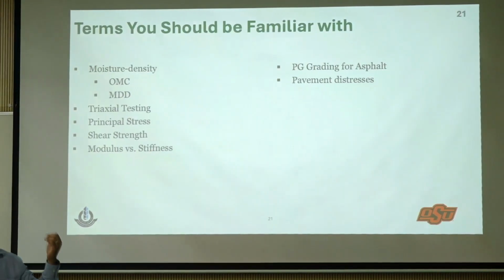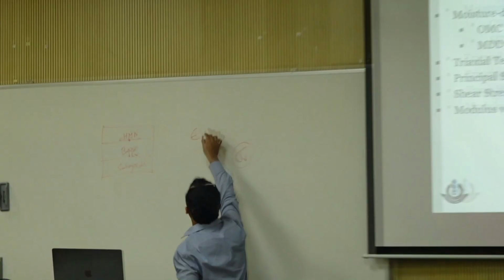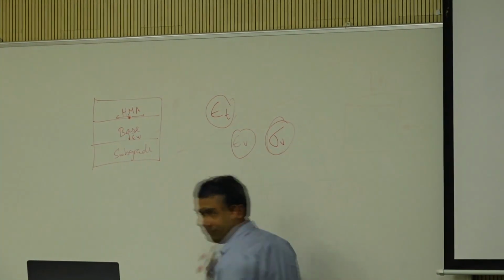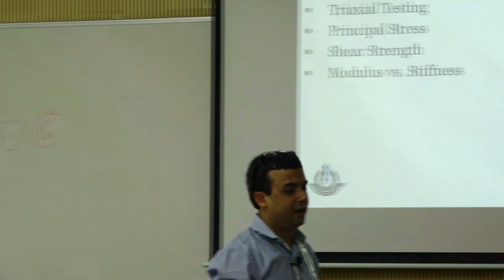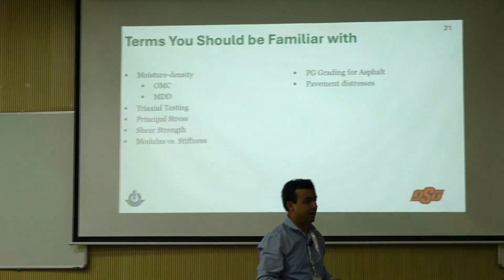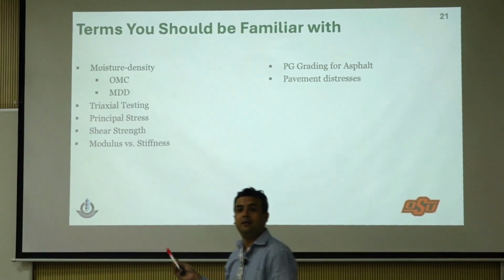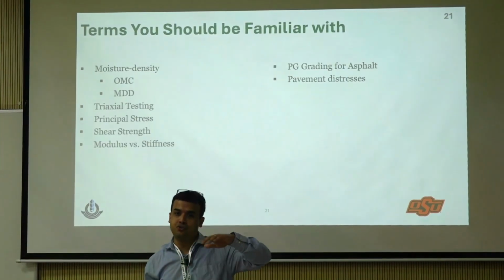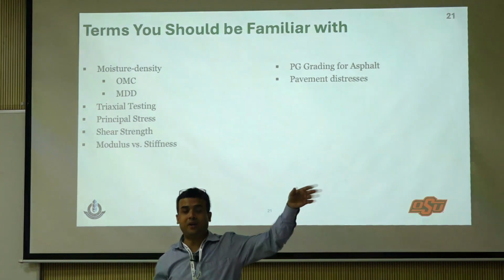So these are the critical pavement response parameters that you should be interested in. Anytime you are analyzing a pavement, you're going to pick these, and then what? These are used to predict. What are these, by the way?